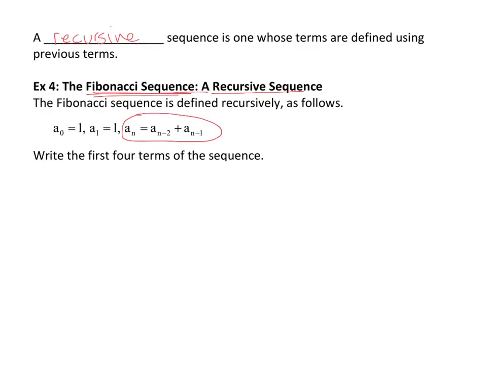Okay, so say for example I use n is 5. I'm going to plug it in over here. So if I want to get the fifth term, this is what it means to be recursive. Plug 5 in here: a sub 5 minus 2 plus a sub 5 minus 1. When I simplify this, I get a sub 3 plus a sub 4. So once again, this is what it means to be a recursive sequence.